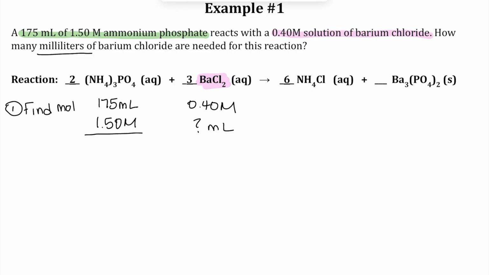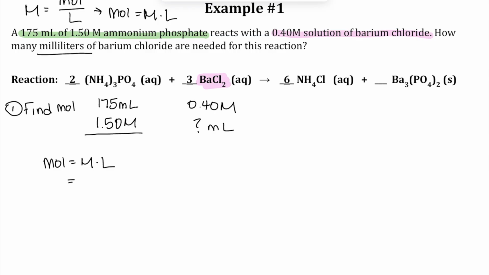So in order to do this, our first step is going to be to find moles from the solution that we're given. Molarity is moles divided by liters. So if I rearrange this to have moles by itself, moles is going to be molarity times liters.